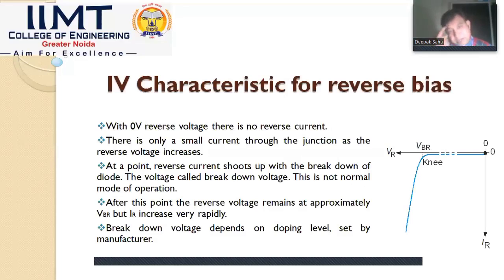Now the same IV characteristics is shown in the reverse bias region. We can clearly see the current is of a nearly constant value till the breakdown region, a very negligible amount of current due to minority charge carriers.